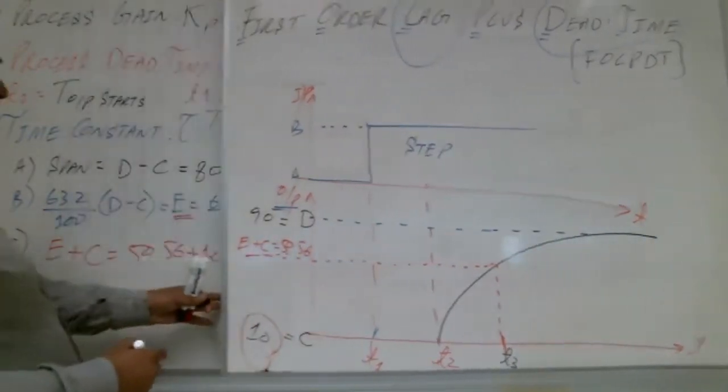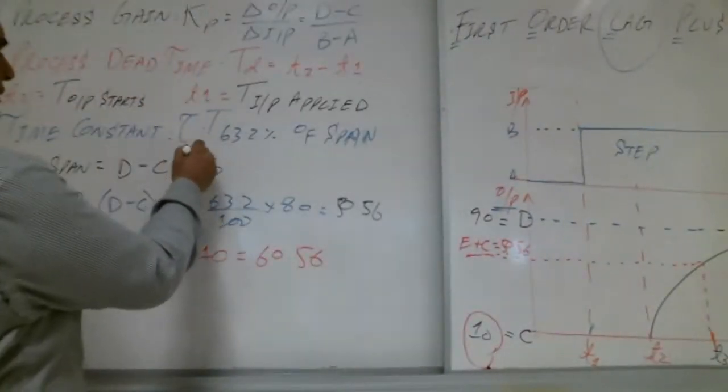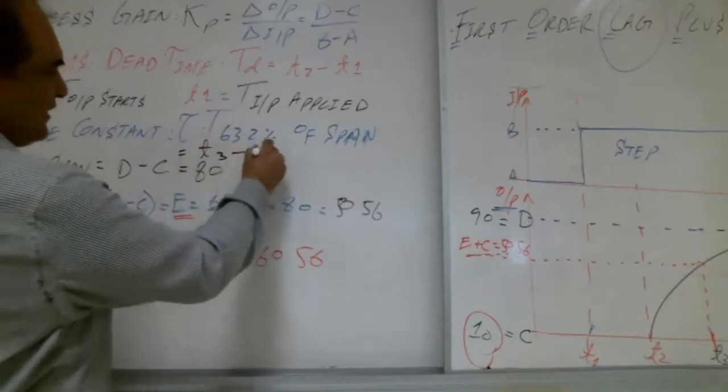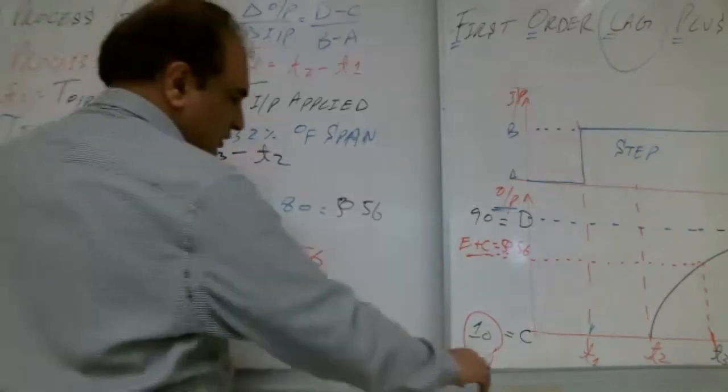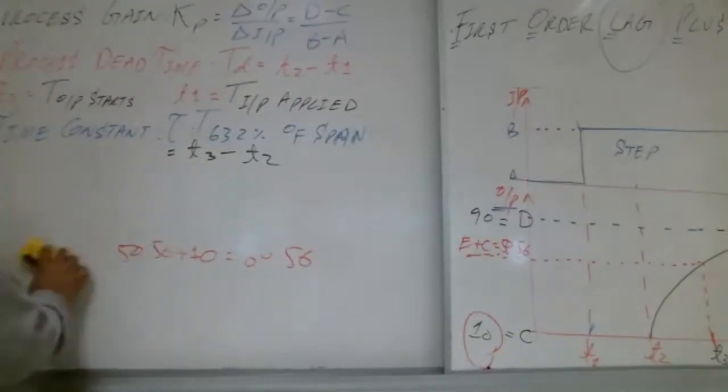So what is time constant, Shabab? Time constant is what? T3 minus T2. What is T3, Shabab?